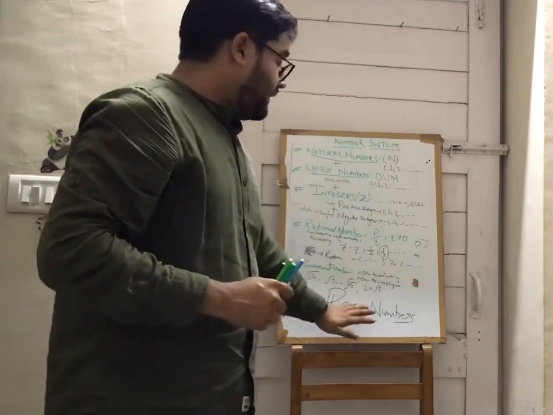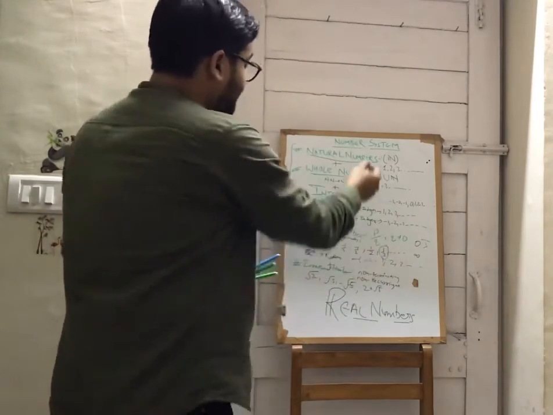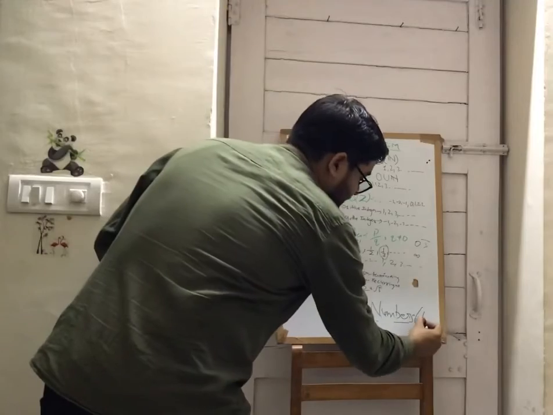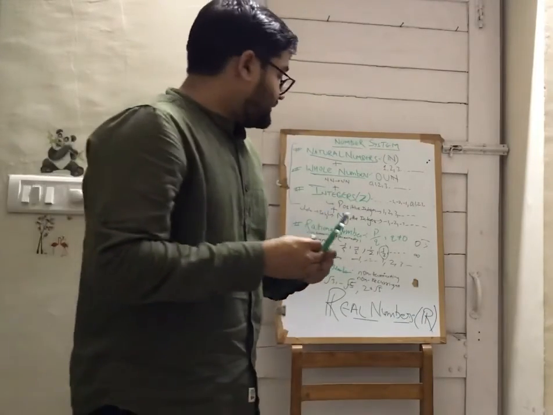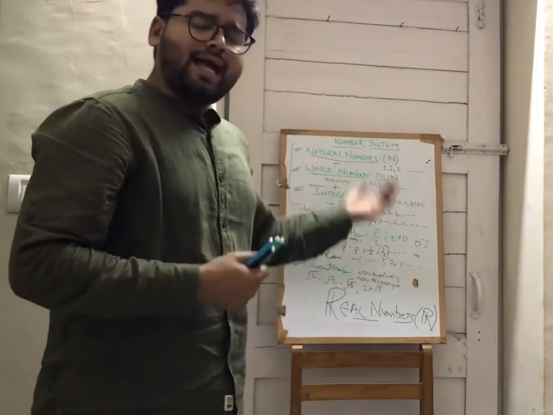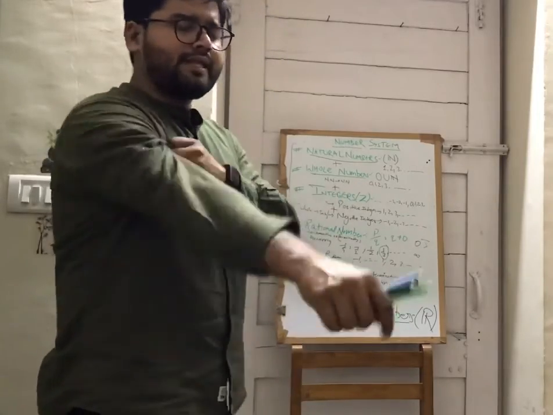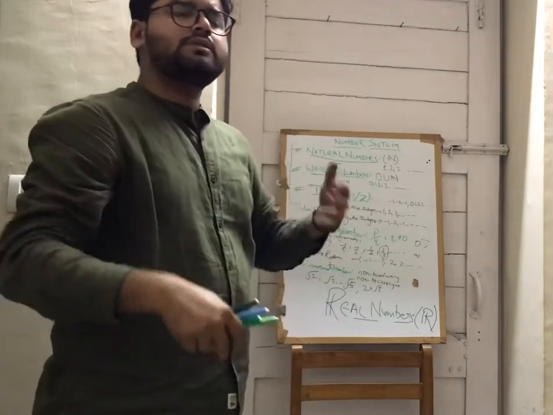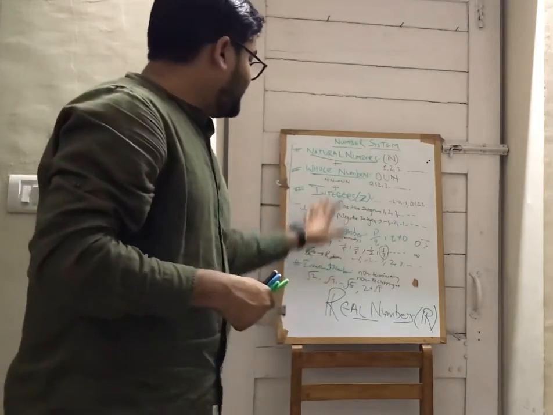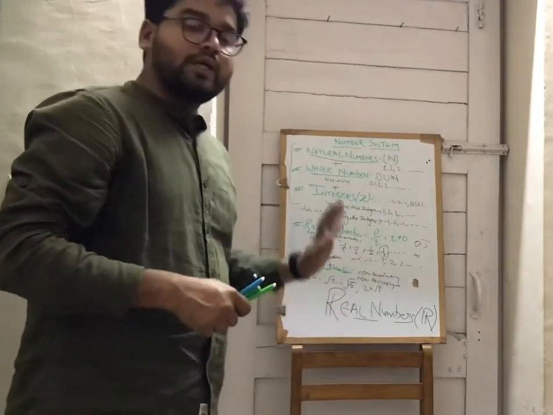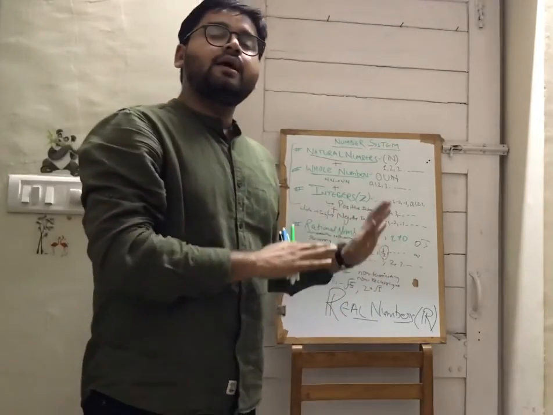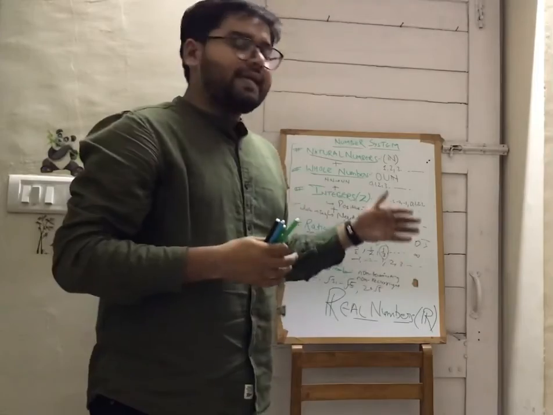So basically, the real numbers are the set of all these numbers and we write it by capital R. Okay. So this is how our number system works. We also have more numbers like composite numbers, prime numbers and others. But these are the basics, and after adding all of them we get the real numbers.